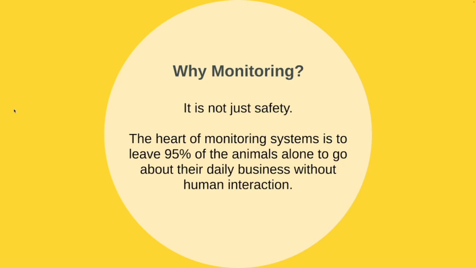But if we do not have a concrete monitoring system, we basically try to interfere in their lifestyles and life patterns. If they do not have any interference, they can have greater productivity. For example, cows are known to lactate more and provide more milk if you let them graze by themselves, have their own schedule, and just be there for the milking phase.